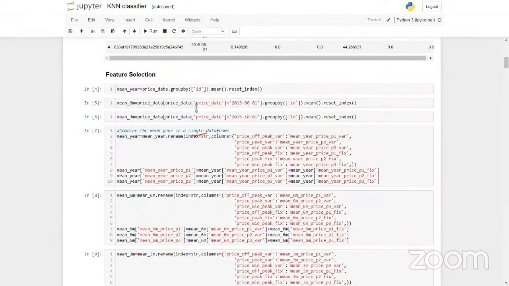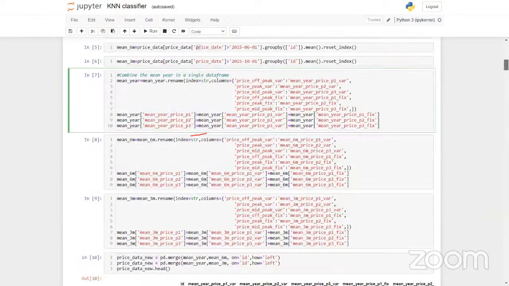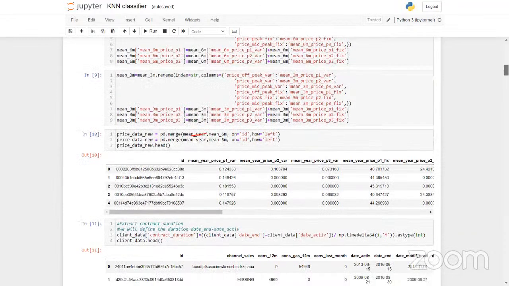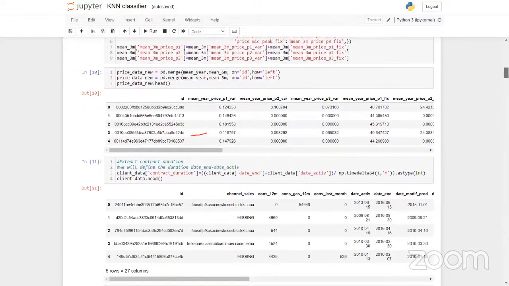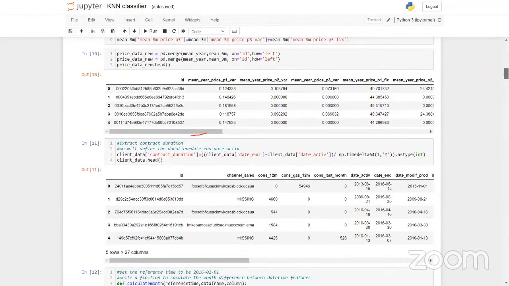Now here we are also checking the price data, and we are combining the mean year into a single data frame. Once that is done, we are trying to extract the contract duration.